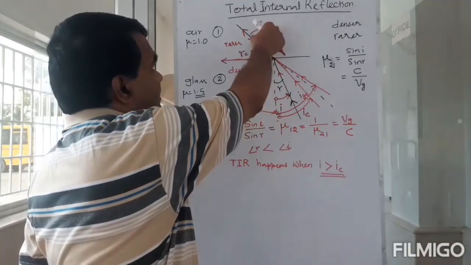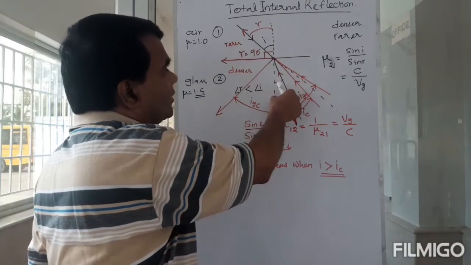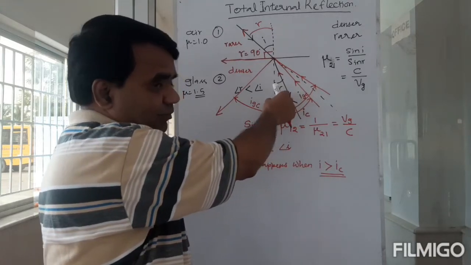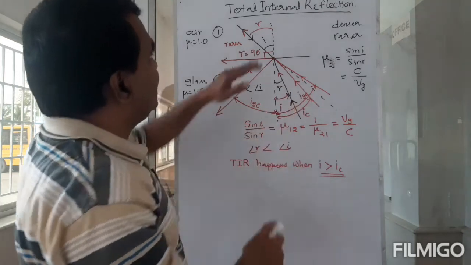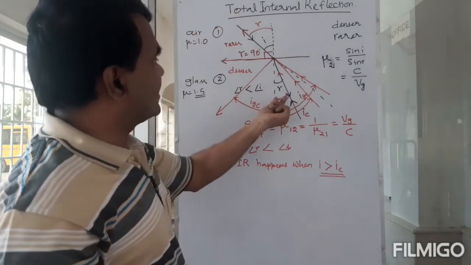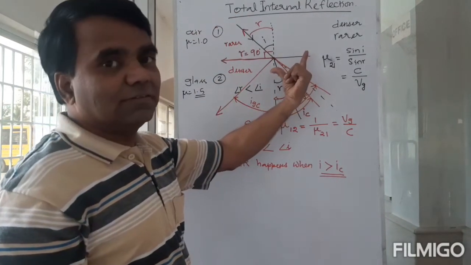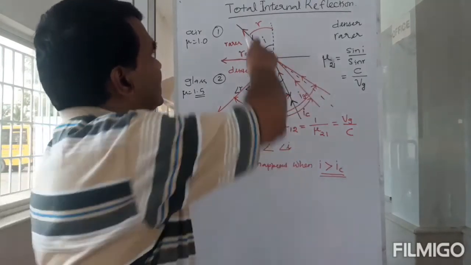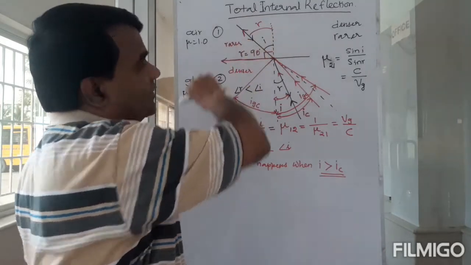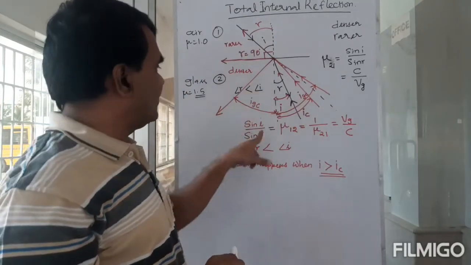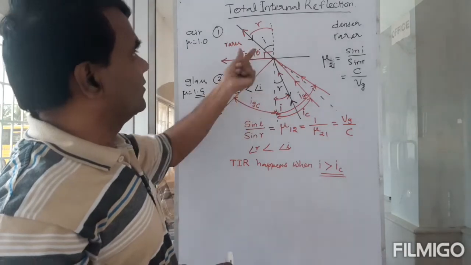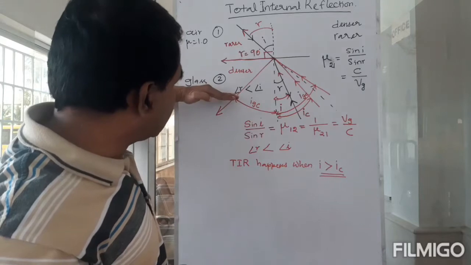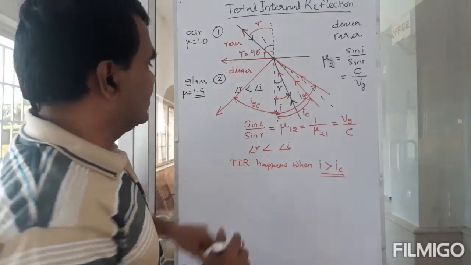The angle of incidence is always greater than the angle of refraction. So you can never get this to 90 degrees. Before this gets to 90 degrees, this incident ray will get to 90 degrees, because this R will always be less than I. That can never happen.